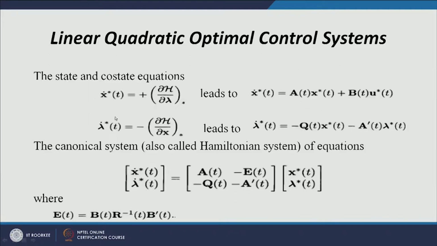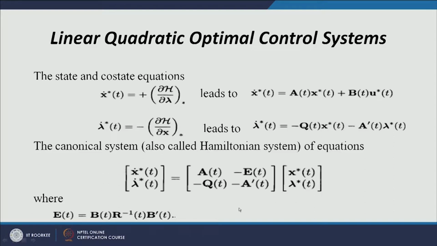Then I have the state and co-state equations, giving me the Hamiltonian system, representing x dot t equal to A t, minus B R inverse B prime, Q, minus A prime, x and lambda.